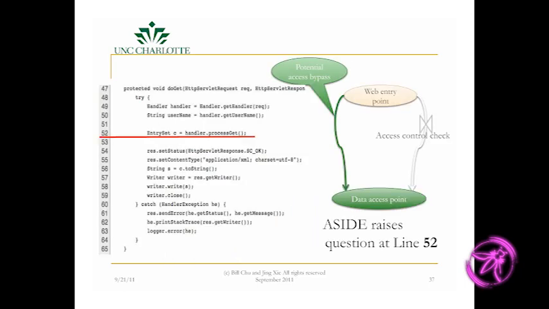Here's the doGet method, which leads to the database access point, and according to our rule, we would ask a question at line 52, because this method call eventually accesses the database.